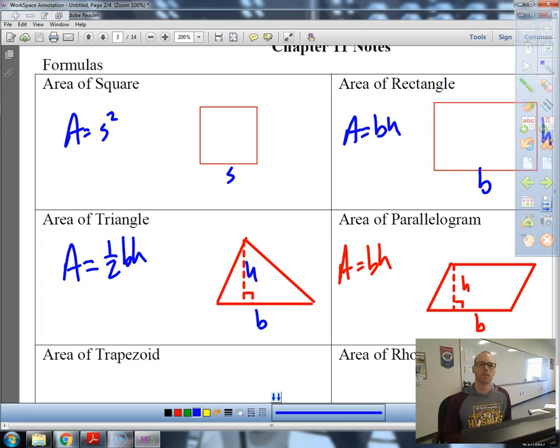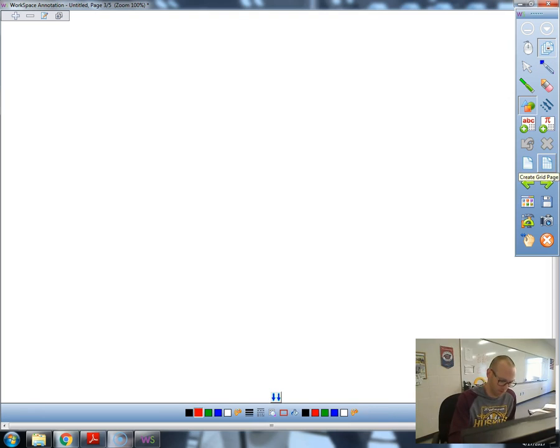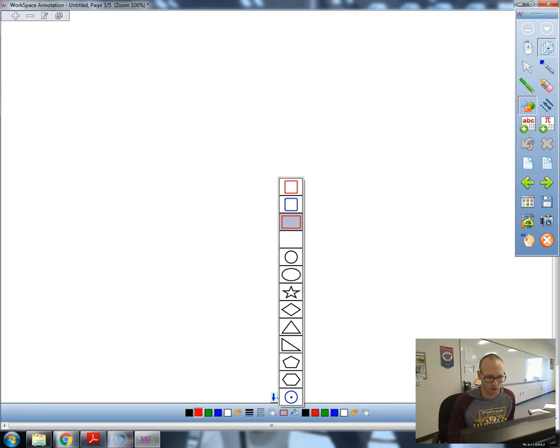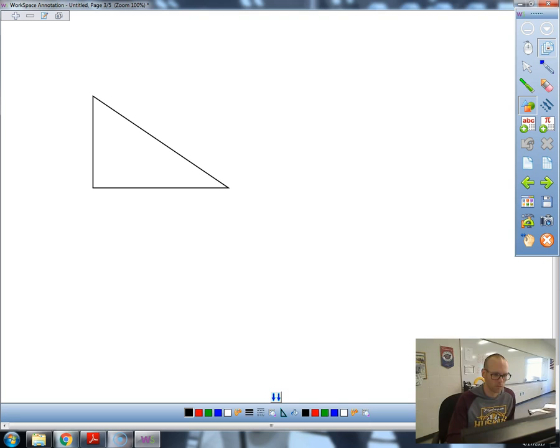But why is the area of a triangle 1/2 the base times the height? Well, a lot of students would tell me it's because it's half of a rectangle. 1/2 base times height means we're taking 1/2 the area of a rectangle. That's true if the triangle is a right triangle. If I draw a right triangle here, there's the base.